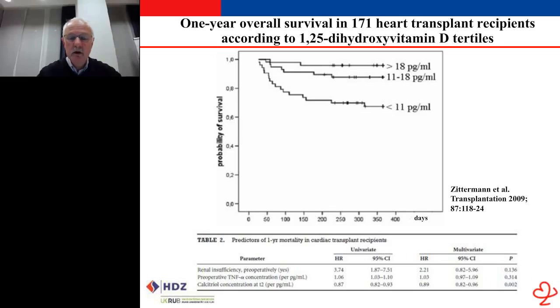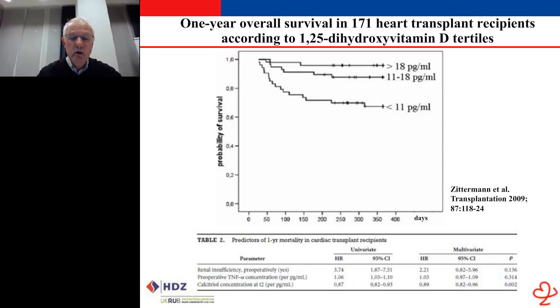Again, you can see that those who had the lowest 125 dihydroxyvitamin D levels at the beginning of the 1 year follow-up period, they had the lowest survival, and those with the highest 125 dihydroxyvitamin D level just after heart transplantation, they had the highest survival at the end of the first post-operative year.